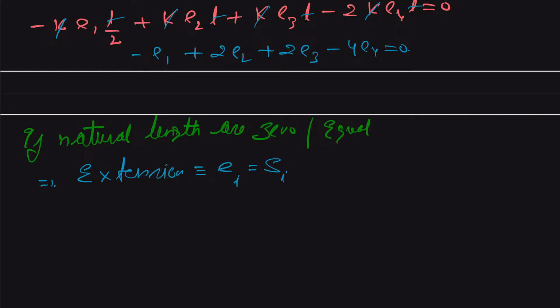It means we can find the relationship between E1 and S1, E2 and S2, E3 and S3, as well as E4 and S4. So we can make an approximate guess, because we have to satisfy the equation, that our S1 will be close to twice S2 and our S3 will be close to twice S4.